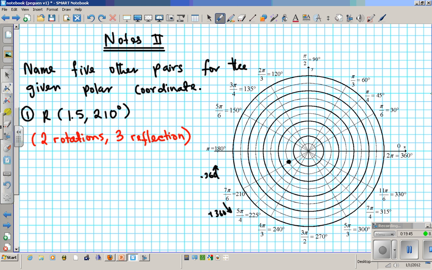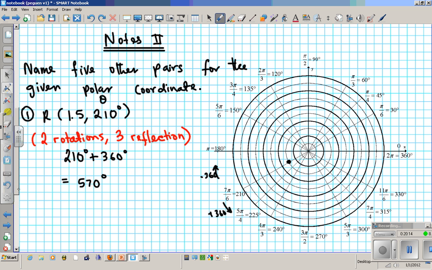Okay? So to get the first one, I'm going to do 210 plus 360 degrees. Focus just on the angle because you're rotating, okay? Theta means rotation. So if I add 360 to 210, I'm going to go down here and all the way around back here. So 210 plus 360 gives you 570 degrees.